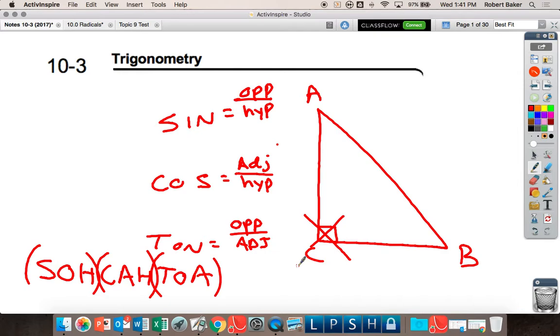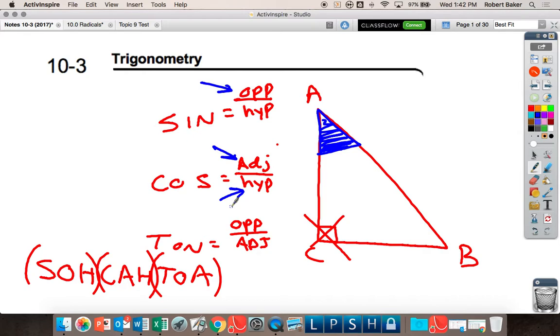Now, depending on what angle you pick, this is the hugest part of this. If you pick A, you get one set of answers. If you pick B, you get a different set of answers. So which angle do you want to trig from first? A. So, if we're going to do trigonometry from angle A, we have to assign these three words, opposite, adjacent, and hypotenuse, as labels to each side of that triangle.